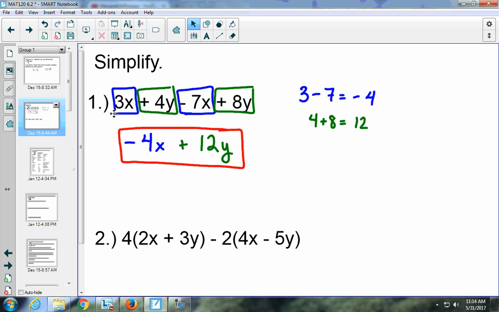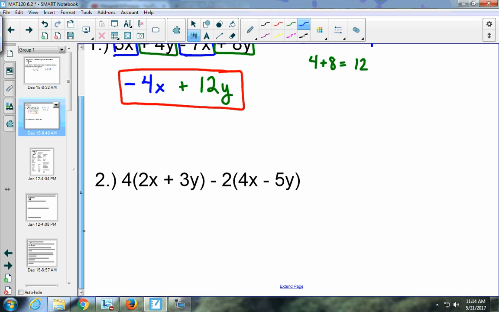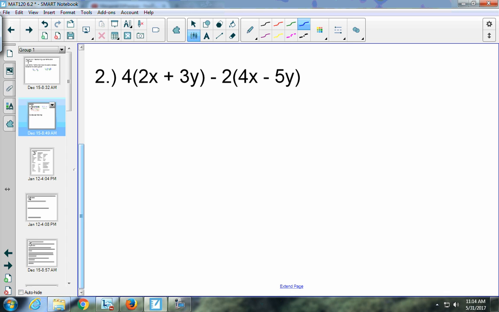If we look at example 2, we still want to simplify, but we have an extra step here. Because the numbers 4 and negative 2 are in parentheses next to a sum or a difference, something that's added or something that's subtracted. So the way we get rid of those parentheses is by distributing first.